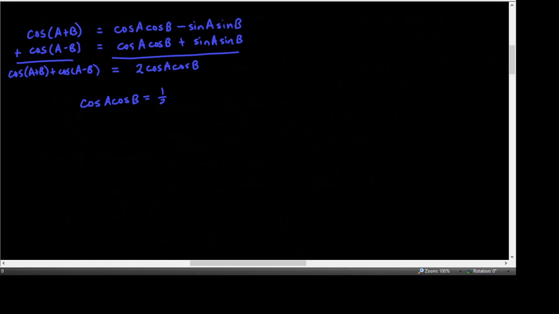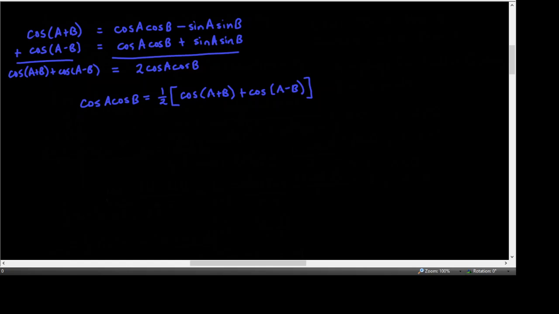So that's going to be 1/2 times the quantity cosine of A plus B plus cosine of A minus B. And that's one of the product to sum identities.